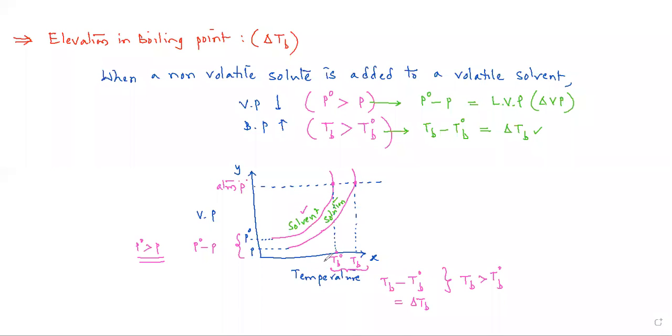So it is the boiling point of the pure solvent, right? Now look at this. This is the temperature at which the vapor pressure of the solution has become equal to atmospheric pressure. So everything is very clear, right?